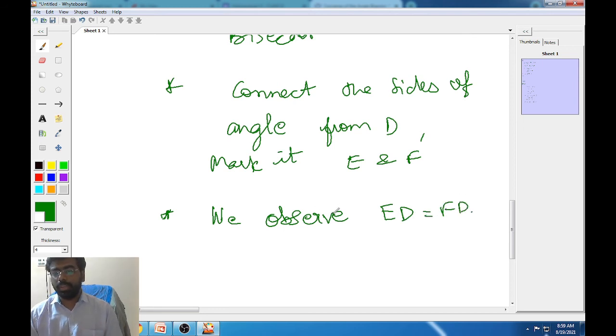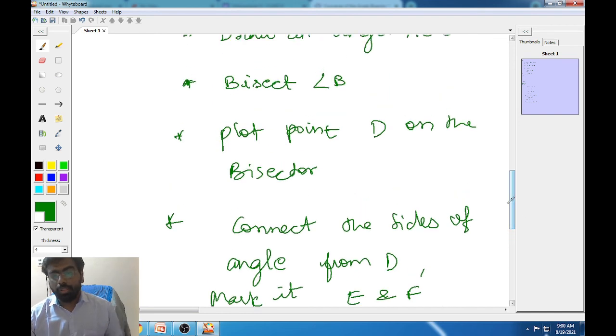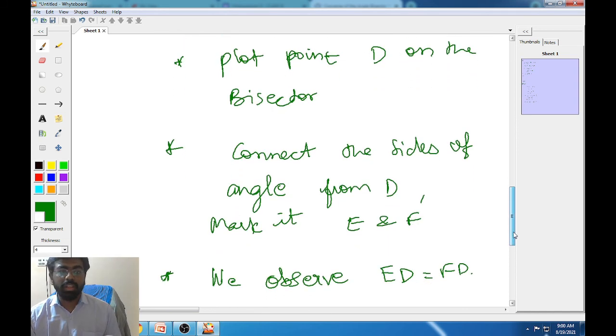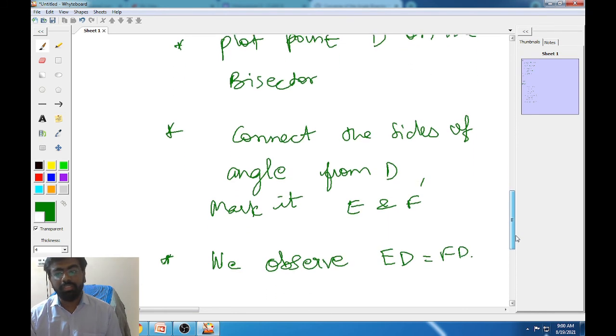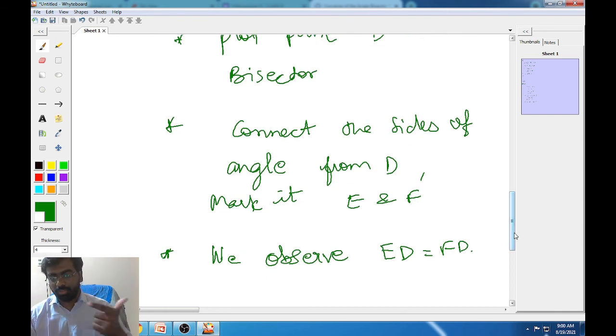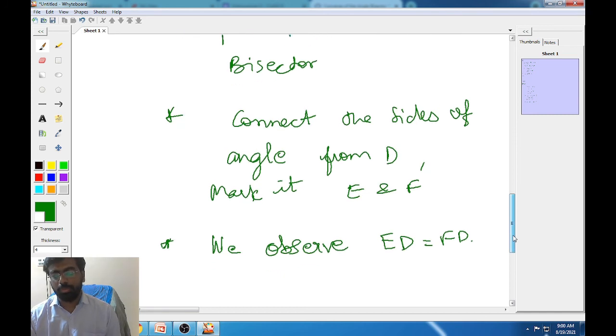Hence the ABT theorem is verified. Similarly, do it for the converse with the same set of statements. The only difference is that you first draw the lines, and after checking that they are equal, we conclude that point D is on the bisector of angle B. Only one point is the difference in the procedure.